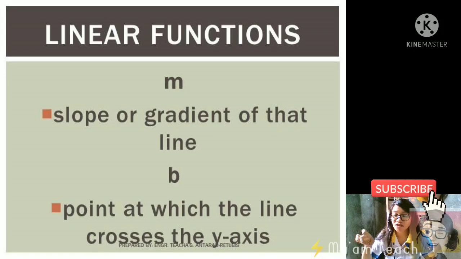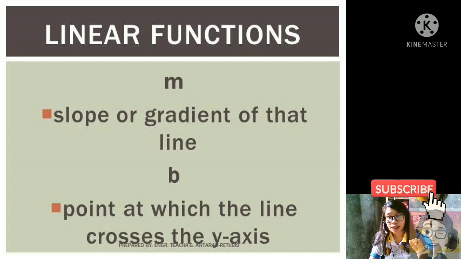That is the value of your y-intercept. Where is that point where it intersects the y-axis? That's the value of your b. Well, the slope is the gradient of your line.